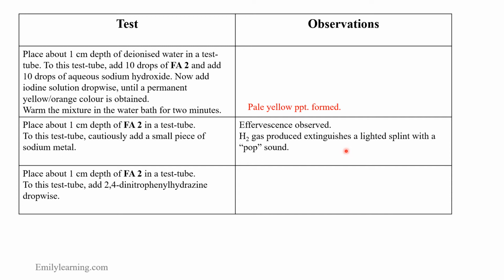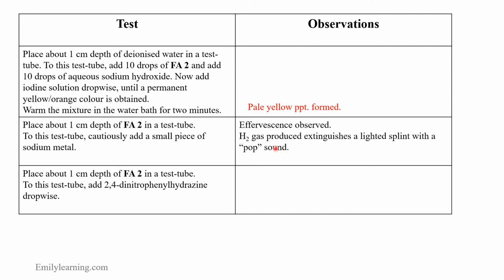But recall the molecular formula of this compound is C4H8O2. So that means it cannot be phenol, because phenol has a benzene ring which needs at least 6 carbons. Since we have less than 6 carbons, there's no phenol group present. So we know that it produces a pop sound. That means it is either an alcohol or a carboxylic acid group.